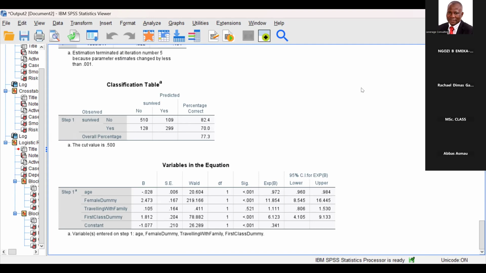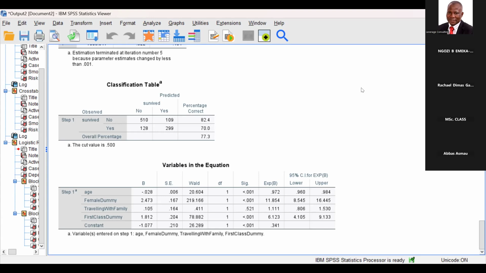So you need to create a dummy once you are not using a quantitative variable. Once it's categorical, whether you are doing linear or logistic, you must create a dummy, and that dummy is 0 or 1. If you are talking about educational level with about 4 levels, you can make the first one, no formal education, the reference, where you compare, and you create dummies for the others. So you make the reference 0.